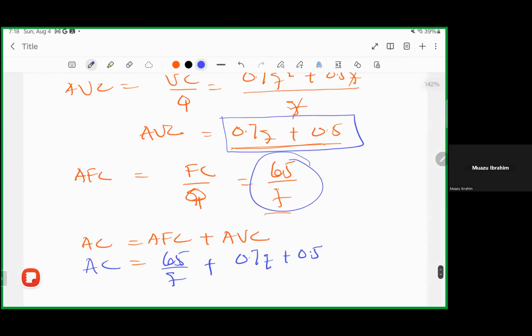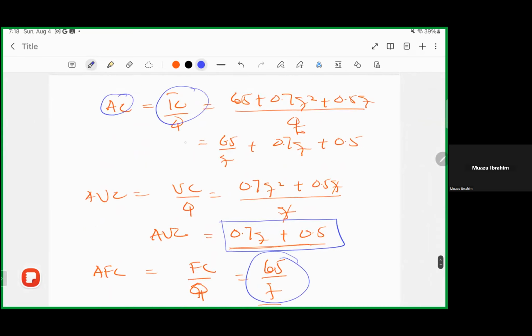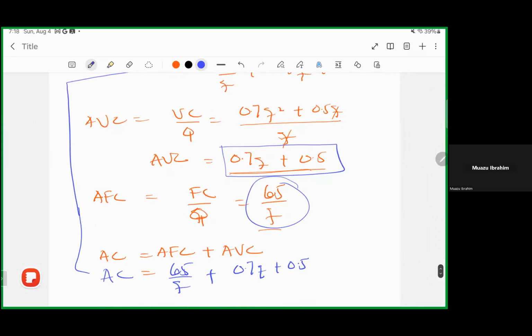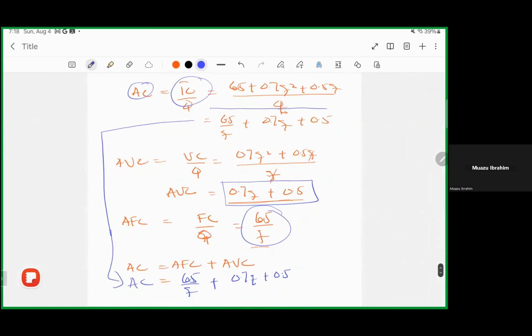And you realize that that particular average cost is the same thing as what we are getting here using the total cost function. So you can see, let me minimize for you to see, this is the same thing as this one. So whether you divide the total cost function by the quantity, or you go with the average fixed cost plus the average variable cost, you are going to get the same answer.